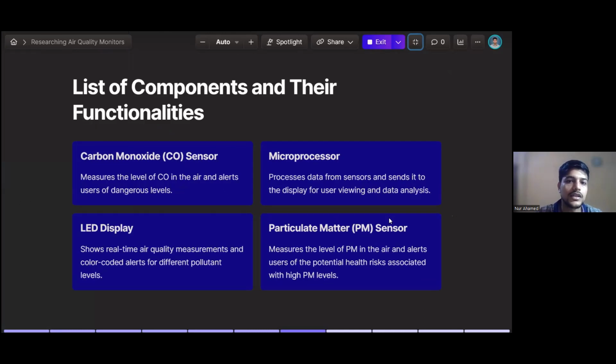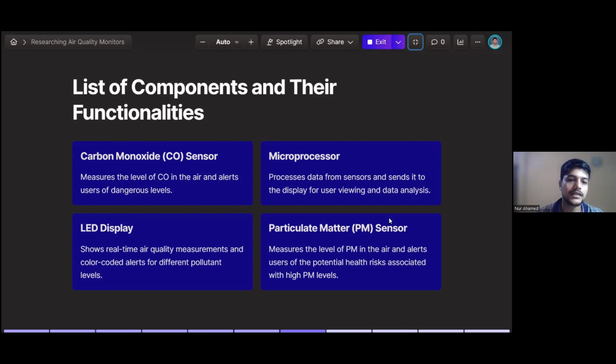So, the list of components and their functionalities. Carbon monoxide sensors measure the level of carbon monoxide in the air and alert users of dangerous levels. Microprocessors process data from the sensors and send it to the display for user viewing and data analysis.